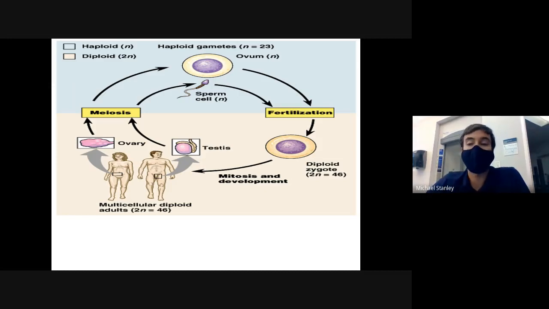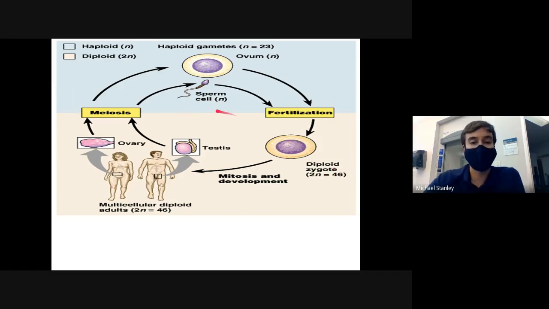We talked on Tuesday about having even just one too many chromosomes is a really bad thing. So we need to make sure that when this sperm cell and when this egg cell meet up with each other, they'll join 23 chromosomes from the dad, 23 chromosomes from the mom. They'll fertilize, and that's what will give you your zygote, which is your special fertilized cell, that now has a total of 46 chromosomes.